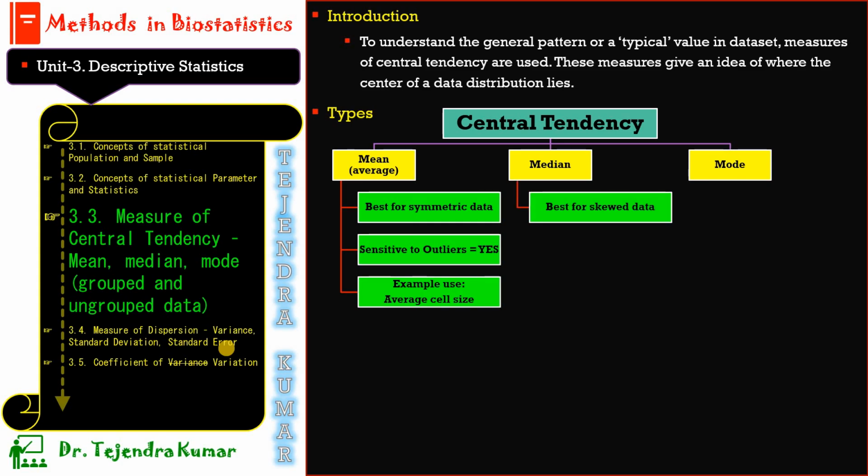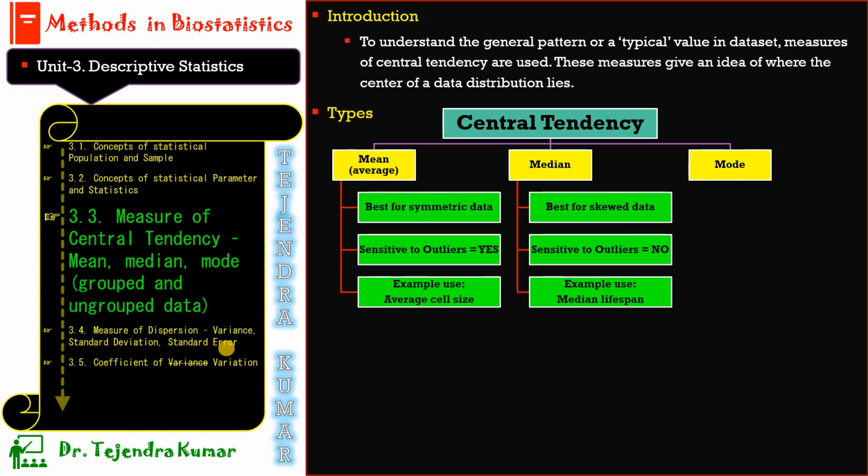Next is median. Median is best for skewed data. The median is the middle value when data is arranged in ascending or descending order. It is not sensitive to outliers, and an example is median lifespan.